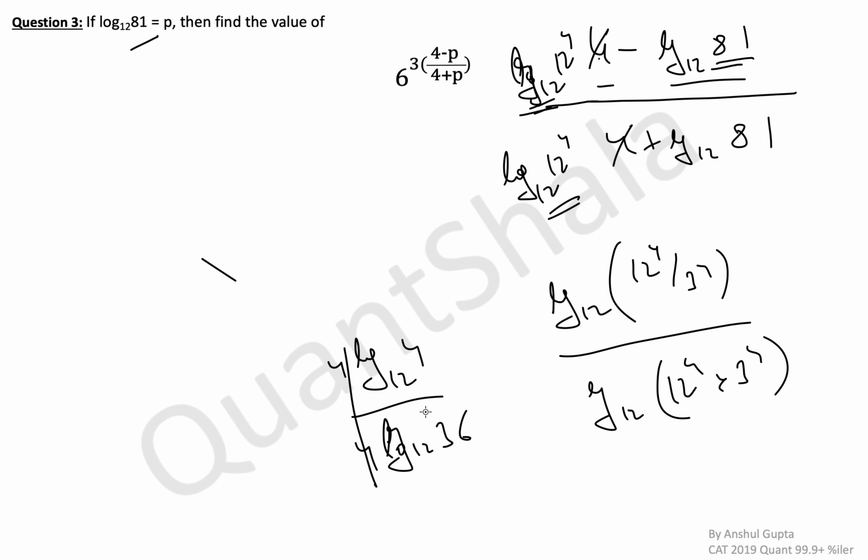These 4's get cancelled. Another very interesting property of log: when the bases are same and you have one log term in numerator, one in denominator, you can also write it as log 36 4. I'll write it here more clearly, log 36 4.